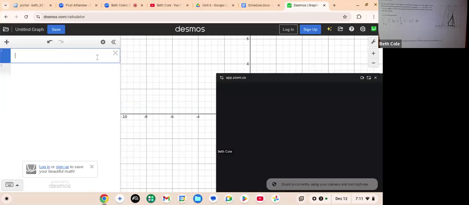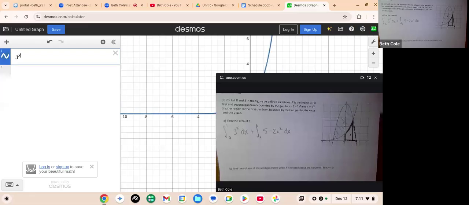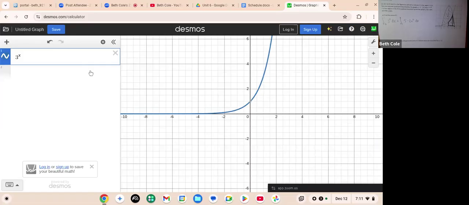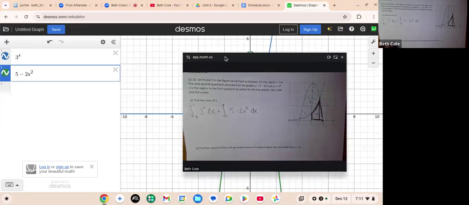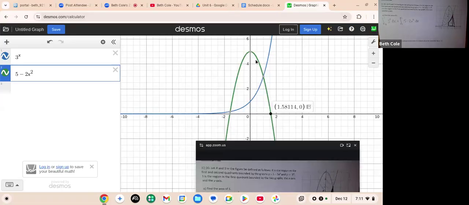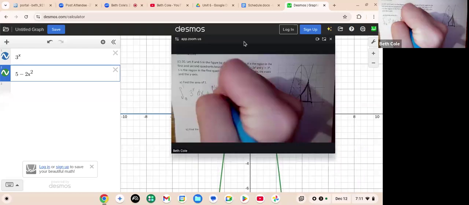All right, so we had 3 to the x. I'm going to just type all of it. And then we had 5 minus 2x squared. So I need this value, 1.58114. I'm going to copy that, and I'm going to put it right here. Oh, shoot, what was it? 1.58114.